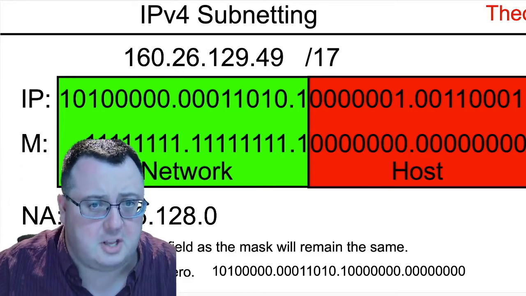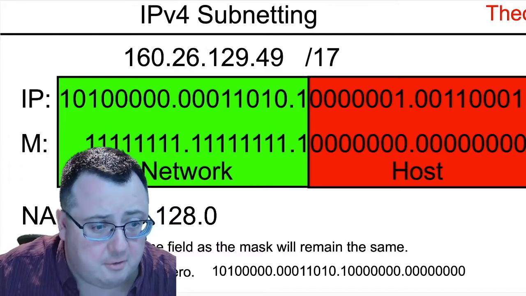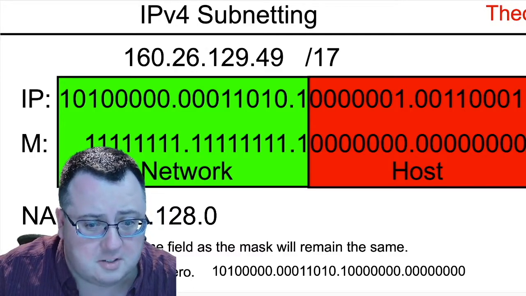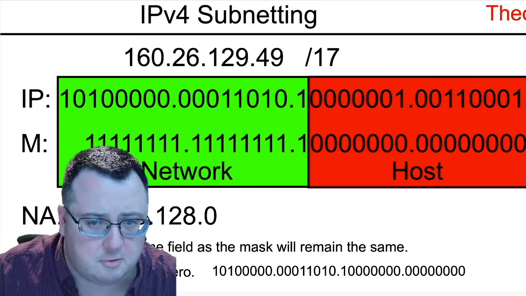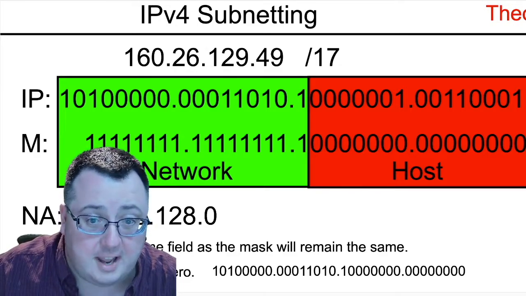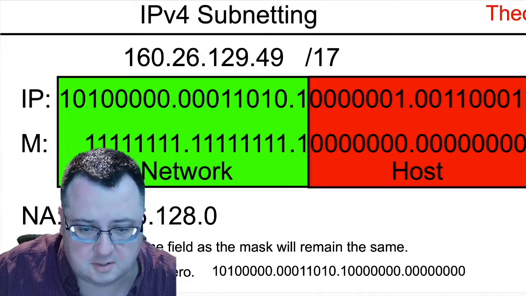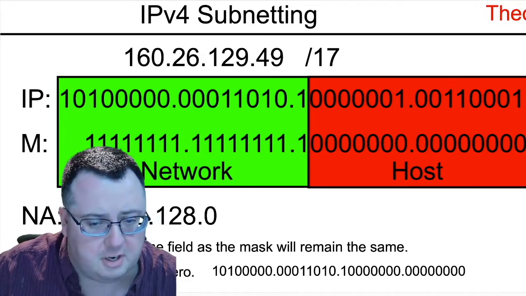So we're going to look for the network address. To do that, everything in the same field as the mask will remain the same, i.e. the green section, everything will remain the same. Everything else, i.e. in the red section, will become 0. So I spell that out with this binary address at the bottom.